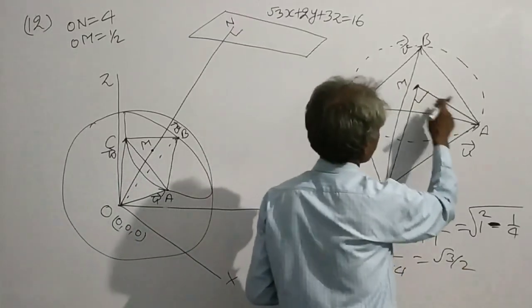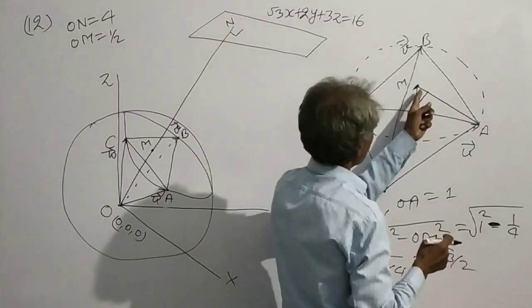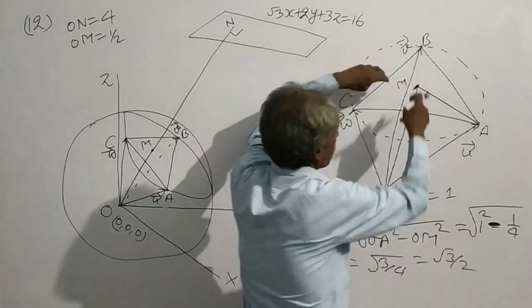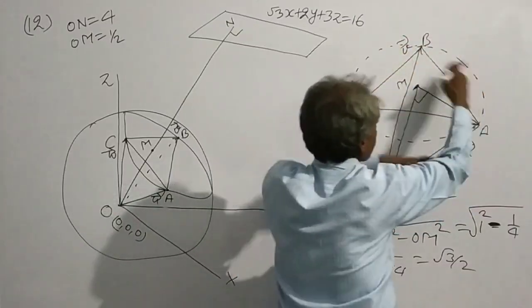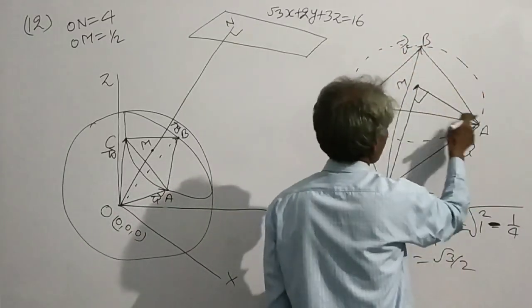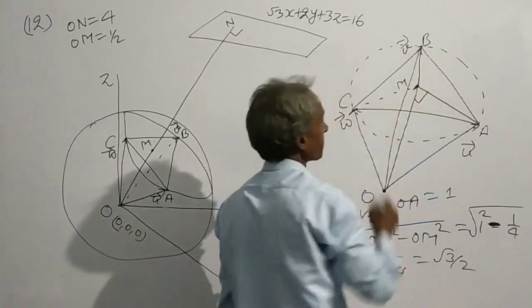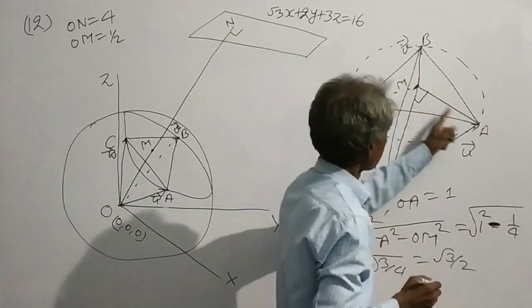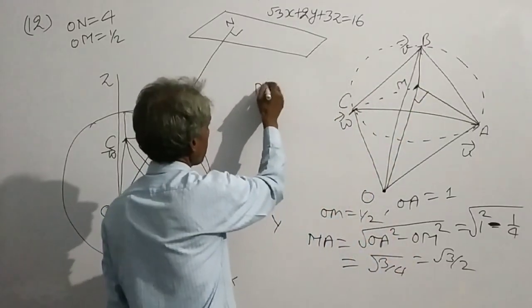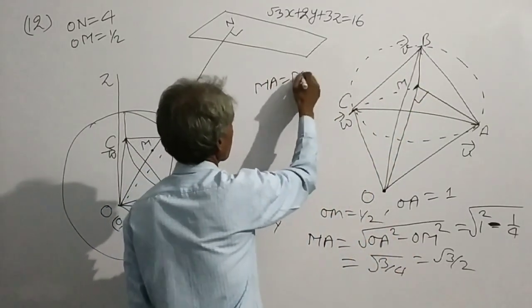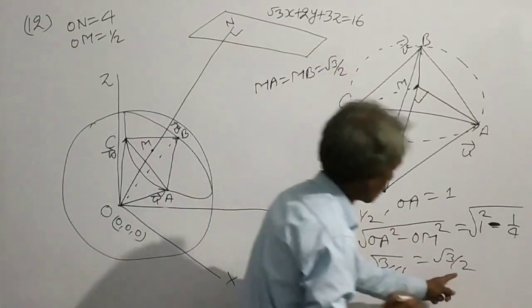MA is root 3/2, but MA is the radius of this circle. Therefore, MA will be equal to MB will be equal to MC, which is root 3/2 unit.